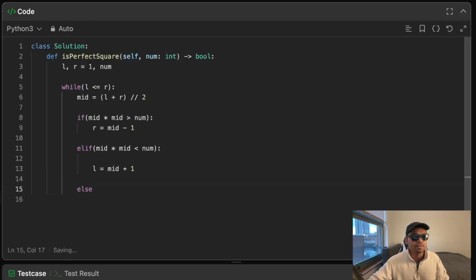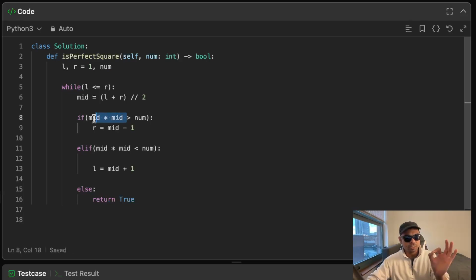If this is greater than num or lesser than num, or it's actually equal to num, that means we return true, that we found a number k whose square, perfect square by the way, because we are taking the integer division here, was equal to num. So that means num is a perfect square. If you under root num, you find a k and k square is equal to num, so you return true.